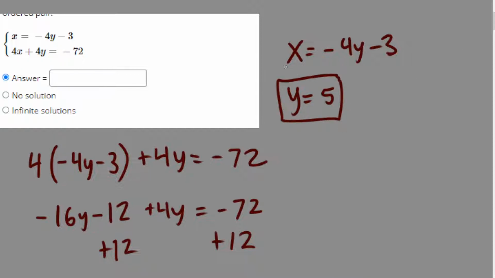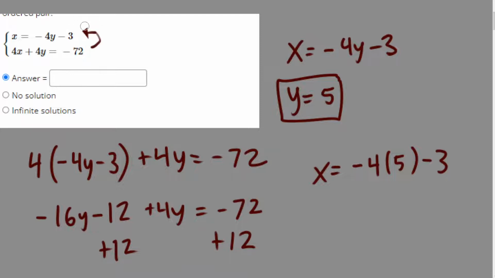But we want a number value for x. Because even though this is what x is, we still want to be able to say what our number value is. So we're going to take our first equation and plug 5 in for y. So we have x is equal to negative 4 times 5 minus 3. Now, one thing to note is it's best to go to the equation that you didn't solve to plug in your new stuff.